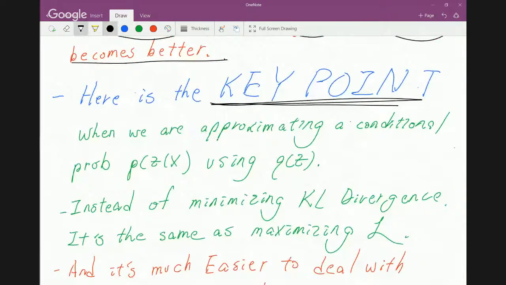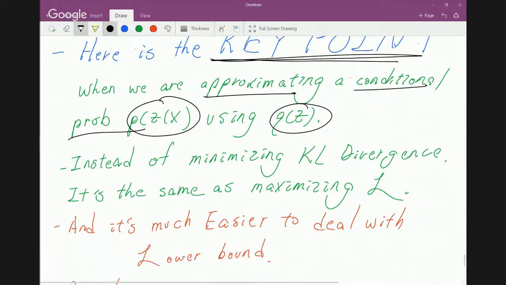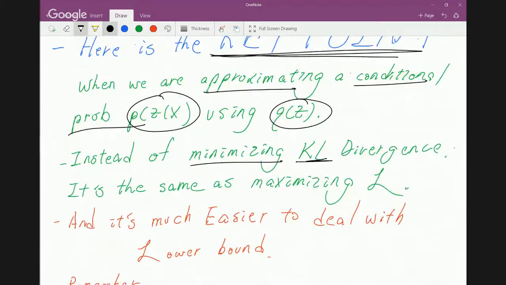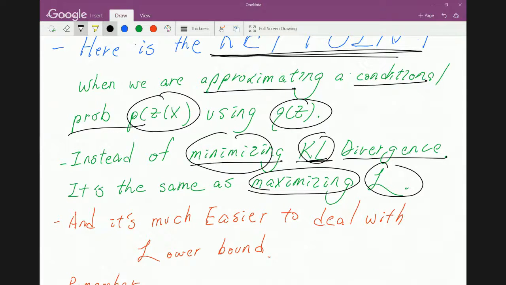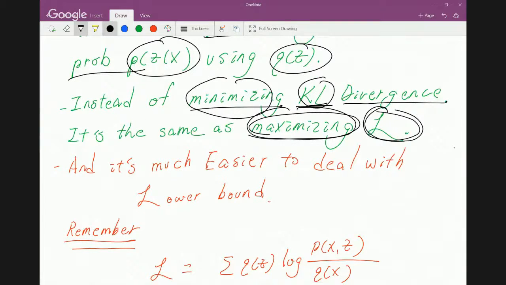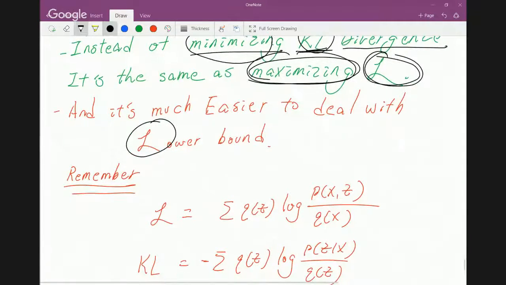When we're approximating a conditional probability using Q of z, minimizing the KL divergence is the same as maximizing this. So minimizing KL is the same as maximizing L. And it's much easier to deal with the lower bound than the KL divergence. KL divergence is hard. Lower bound is easier.